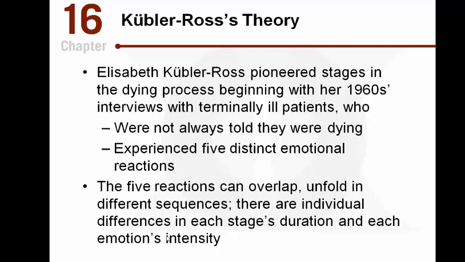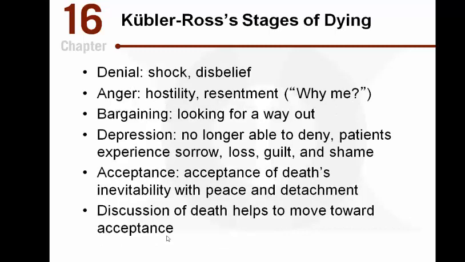So these are emotional, and she has them in a particular order, but you should know that they can overlap. A person could perhaps go back to an earlier stage. Some stages last for a very long time. Some might go through pretty quickly. So this is going to vary a lot from person to person. But essentially the 5 stages are denial, anger, bargaining, depression, and acceptance.